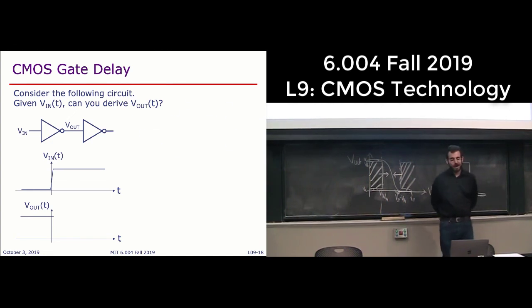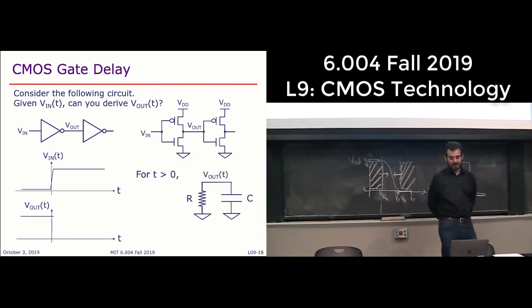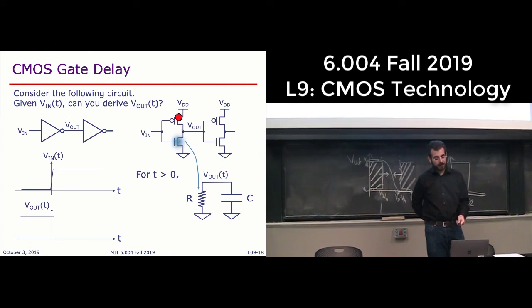Well, let's go back to 802. This is how the circuit actually looks when you look at the transistors. And what you end up with after t equals 0 is an RC circuit, where this resistance is the on resistance of this transistor. So this transistor is going to be on, this transistor is going to be off, because this output is going from 1 to 0, so now this is connected to ground.